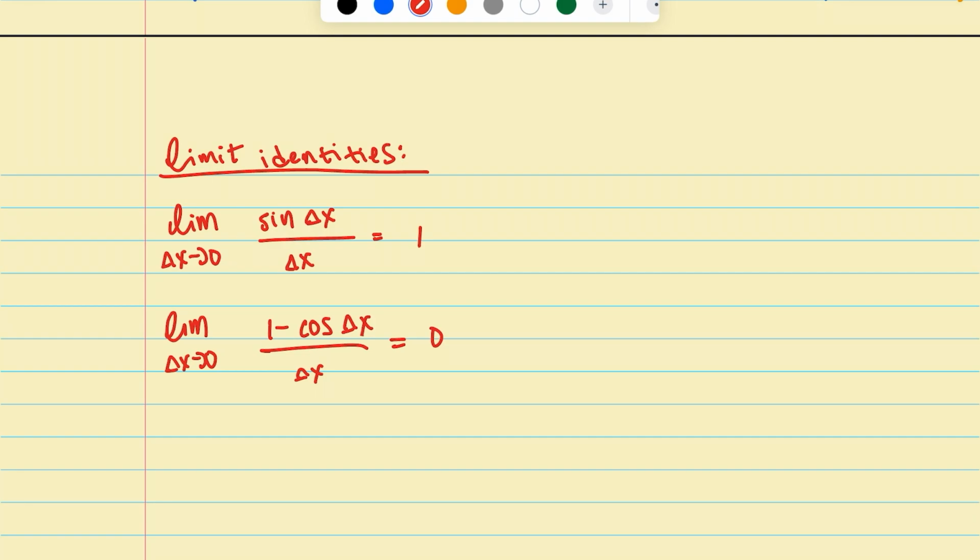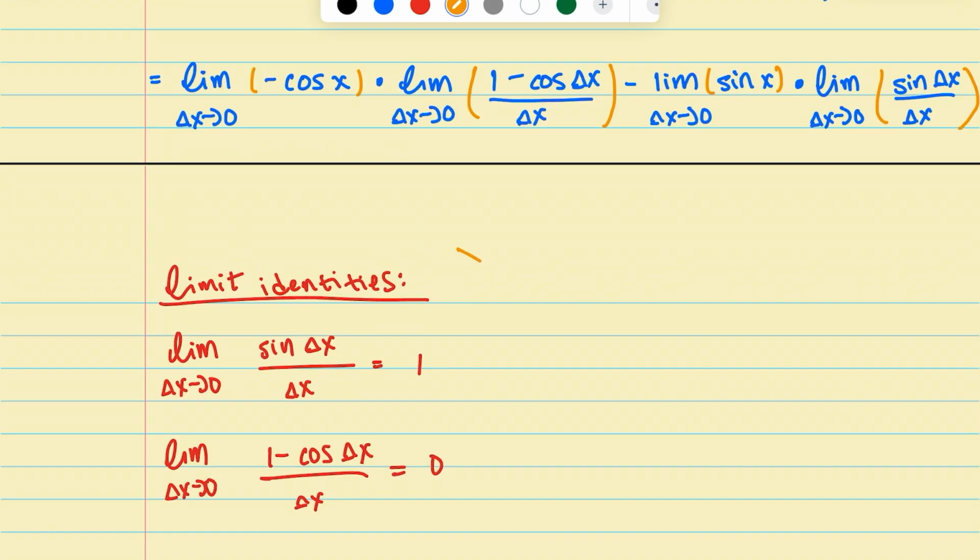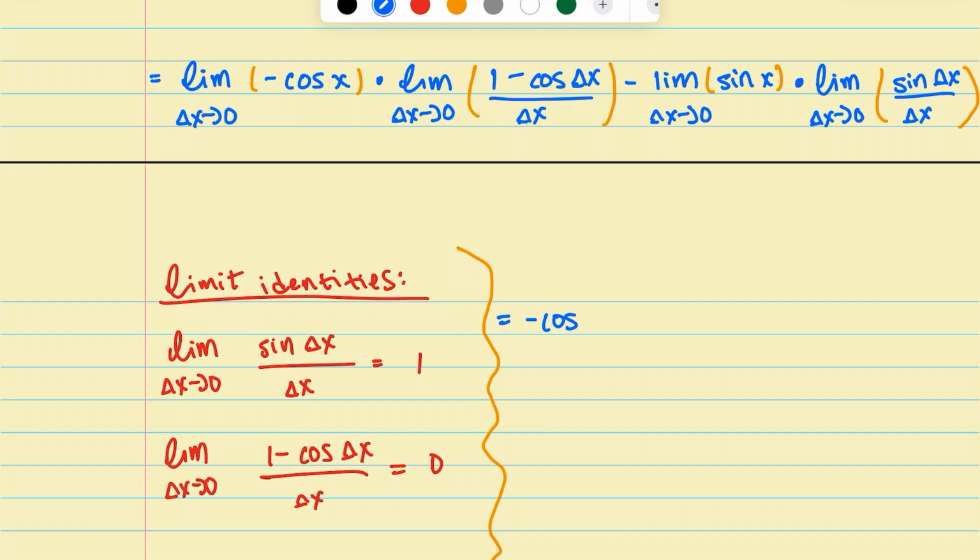Using these identities, we'll be able to simplify the limit expression that we came up with. The limit of negative cosine of x as delta x approaches 0 is just negative cosine of x, times the limit of 1 minus cosine of delta x over delta x as delta x approaches 0.